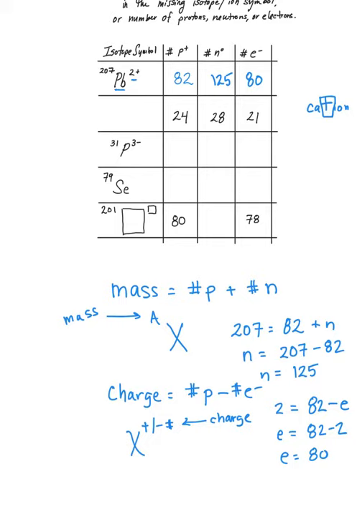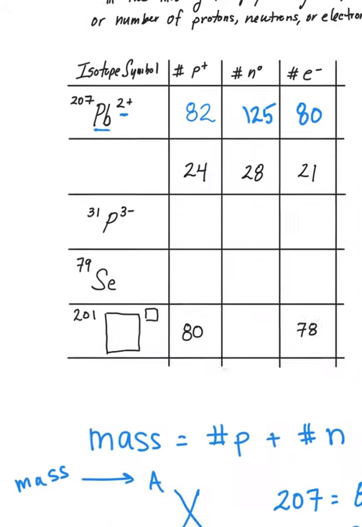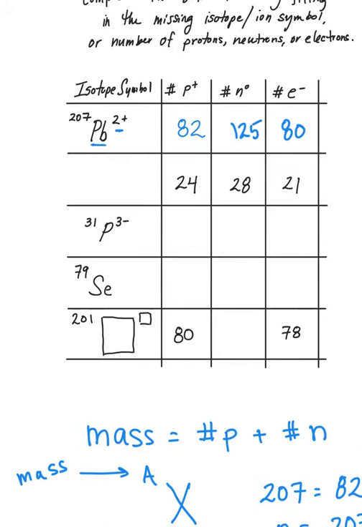For our next example, let's expand the board. We need to write out an isotope symbol. We can identify our element based on the number of protons its nucleus contains. This nucleus contains 24 protons. The only type of element that can have 24 protons in its nucleus is chromium, atomic number 24, symbol Cr.